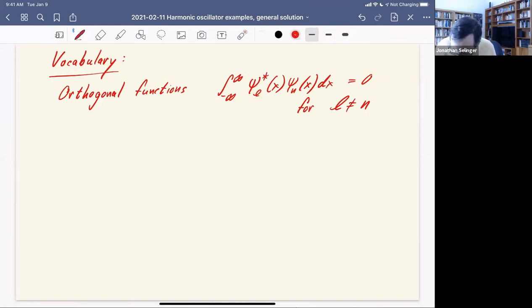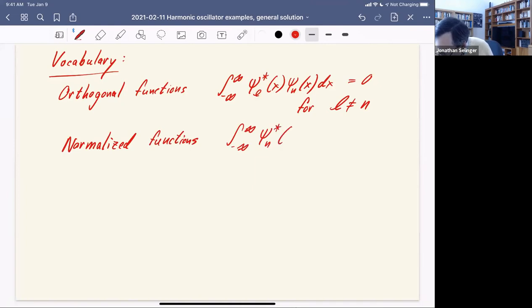Another vocabulary word that goes with this is normalized functions. And you already know about that. You know that the integral from minus infinity to infinity of psi n star times psi n is equal to 1.